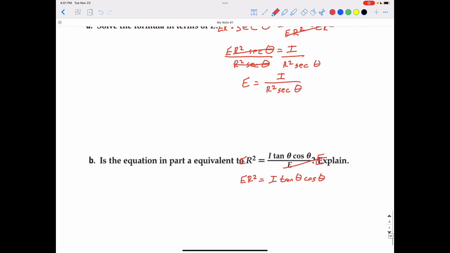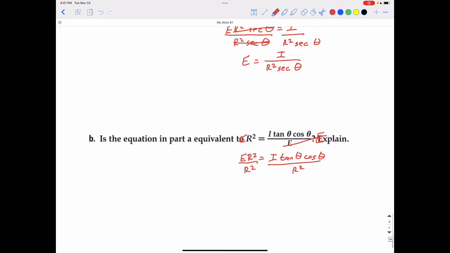And then I would divide by R squared. So I would have E equals I tangent theta cosine theta over R squared. So it looks like on the surface that they are not equivalent to each other because above I have I over R squared secant theta.